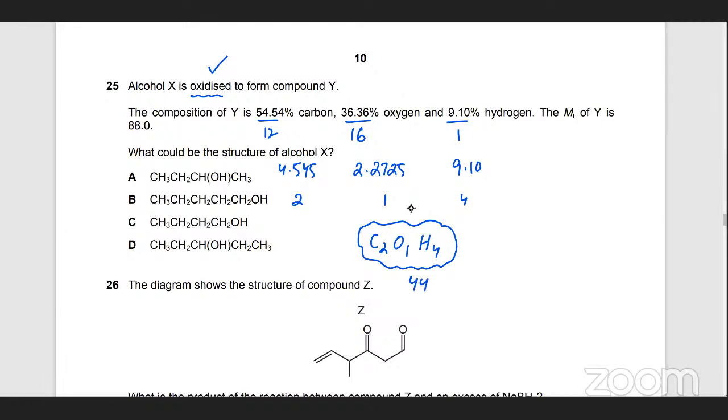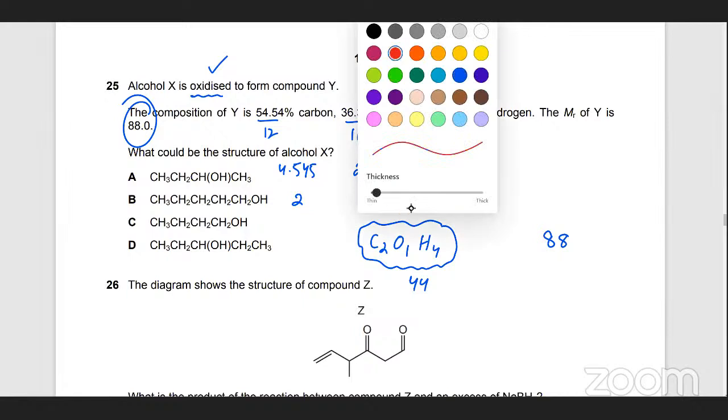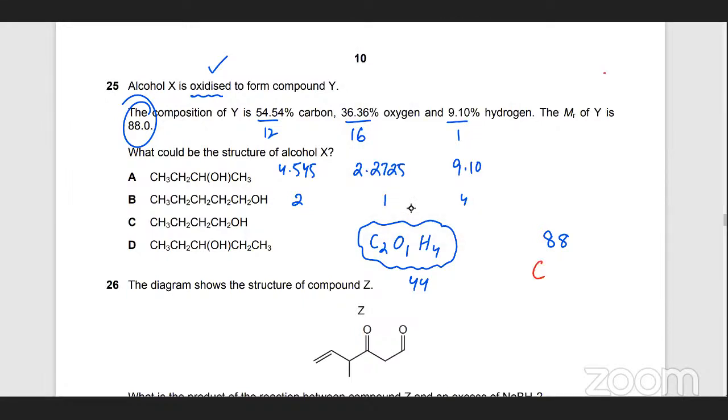And the Mr that they're talking about is given as 88. So that means that the actual formula has twice the number of atoms. It has the same ratio, but twice the number of atoms. So it's C4H8O2, right? That's the actual formula.